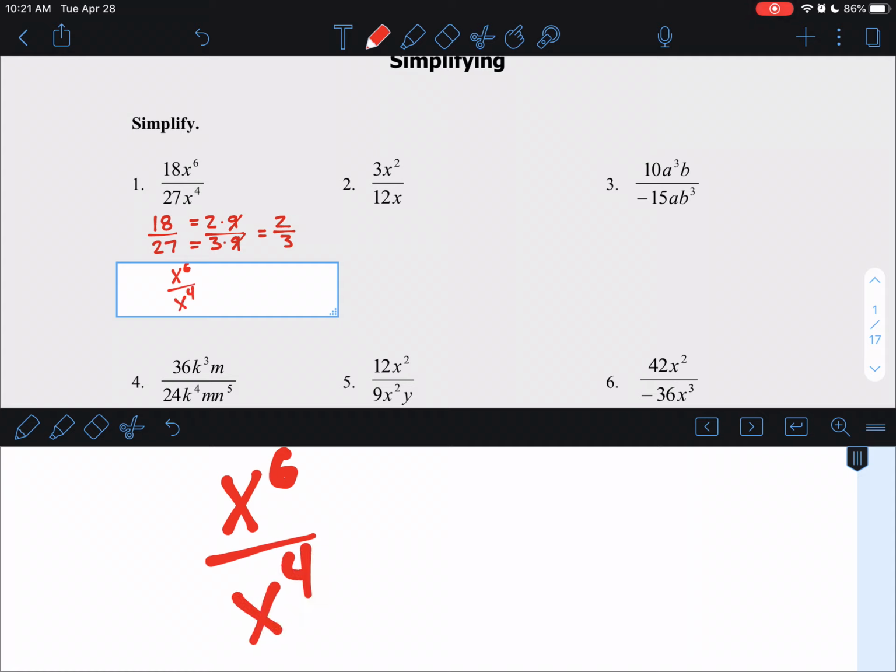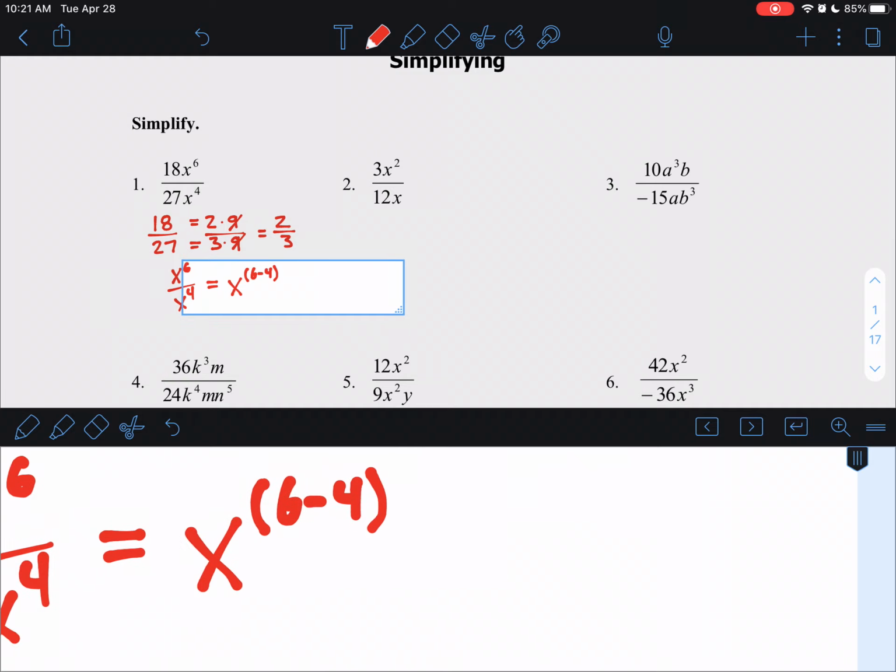If you remember our rules of exponents, when you divide two of the like bases with different exponents, you subtract the exponents. So if I have x to the sixth divided by x to the fourth, that's going to be the same as x to the 6 minus 4, because you just subtract the exponents. You do the one in the numerator minus the one in the denominator.